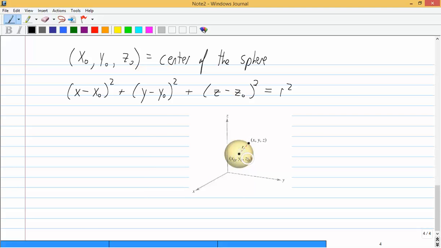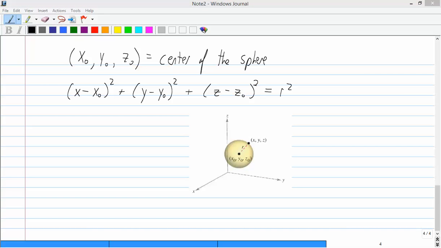So we have our center here, we have a radius here, and then in all 3 directions, in your x, your y, and your z directions, the distance from the center of the sphere to the outside of the sphere is the same. We could find the midpoint of any radii the same way. You just add the 2 x's together and divide by 2. Add the 2 y's together, divide by 2. Add the 2 z's together, divide by 2.